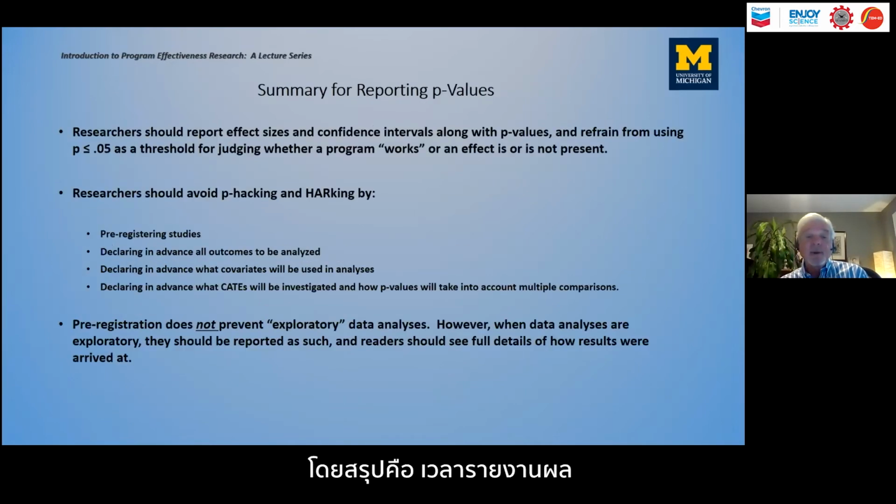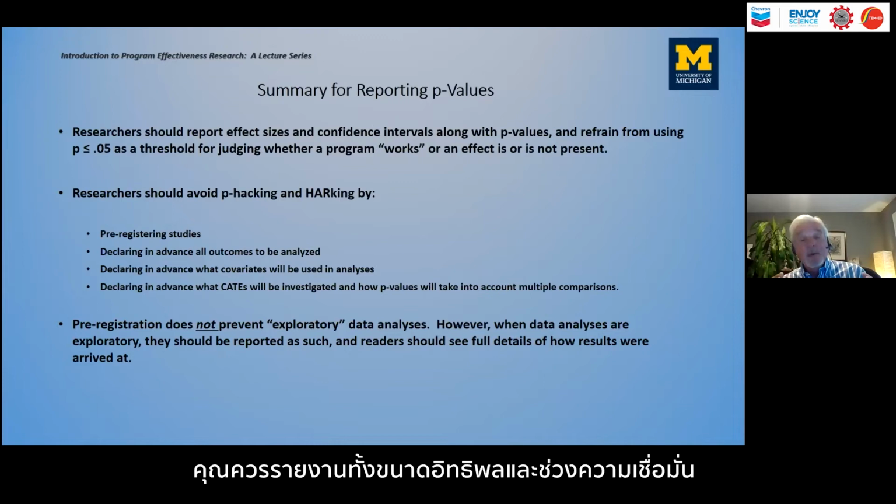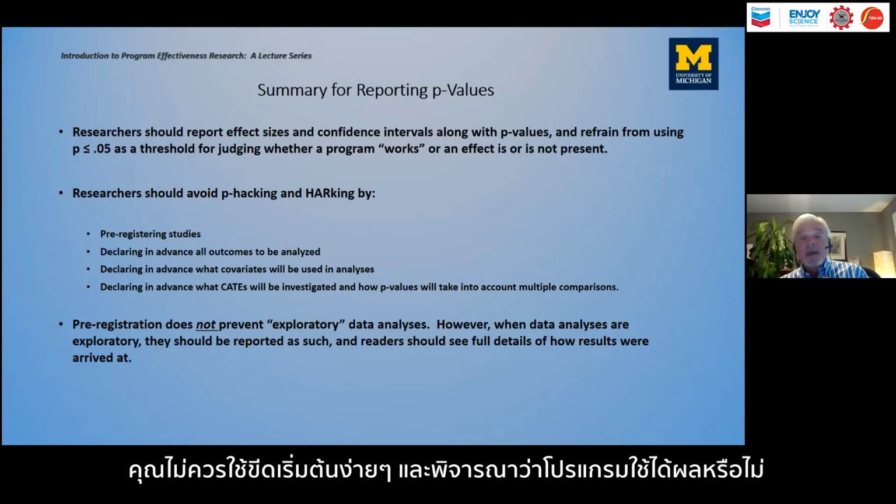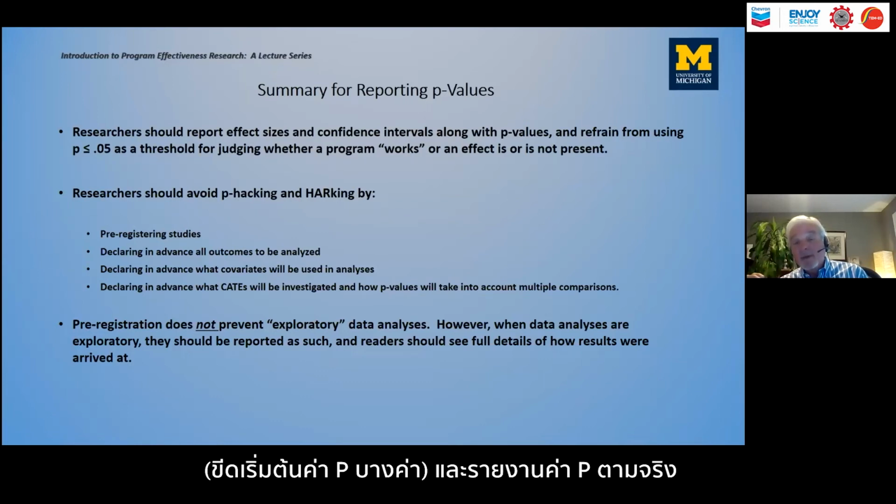So in summary, what are we talking about? When you report results, you should report both effect sizes and their confidence intervals and the p-values of those effects. And you should also refrain from using a simple threshold to determine whether or not a program works, some p-value threshold, and actually report the p-value itself.